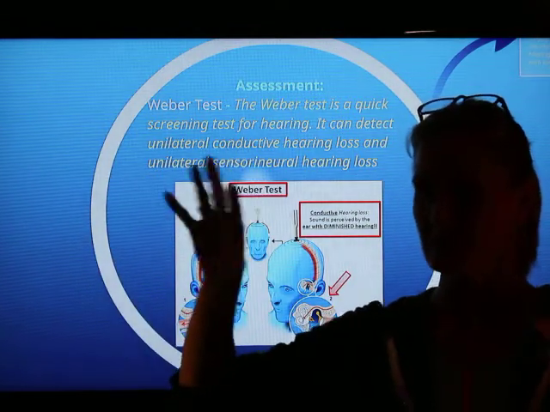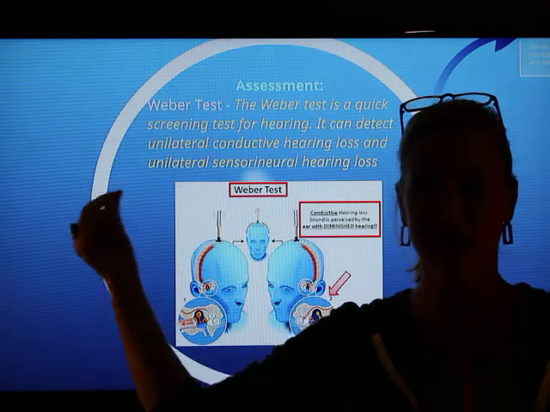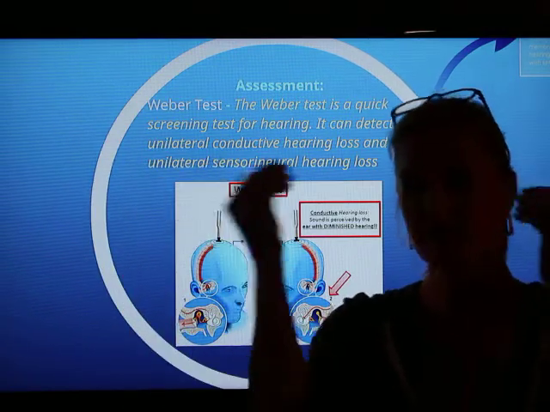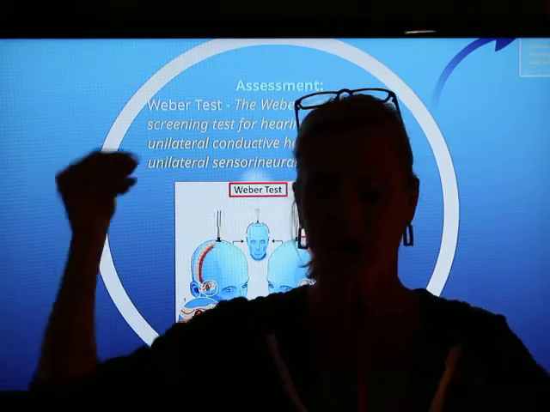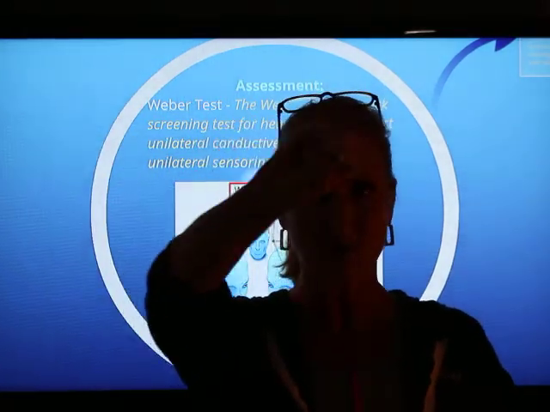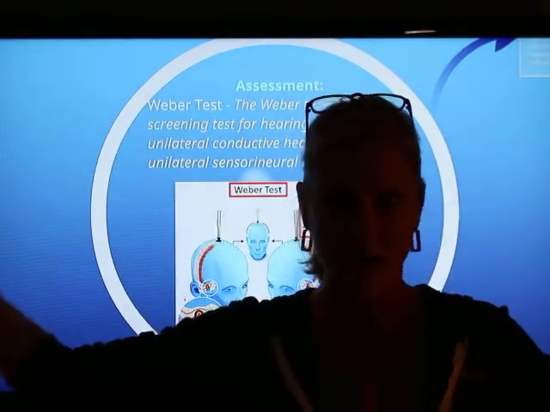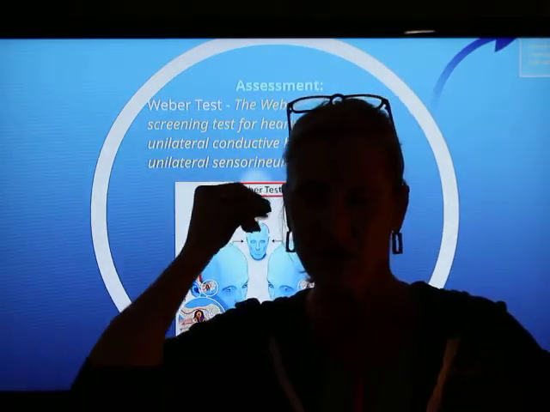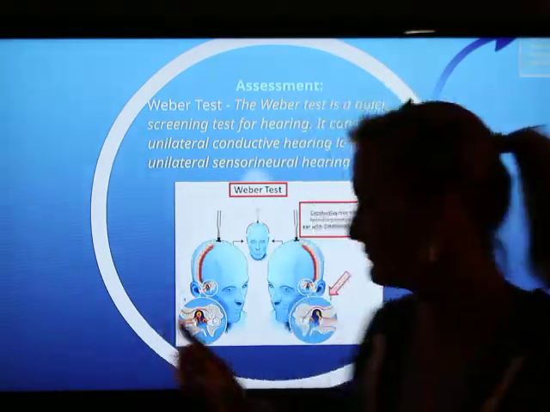So let me try to explain this. If you do a hearing test, you can stand there, close your eyes and do this on each other; it's kind of fun. Close your eyes and rub your fingers together, and see when the person can start hearing it, and whether they can hear it on each side at the same distance.